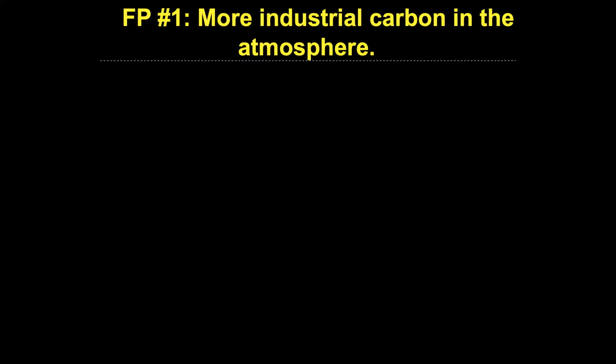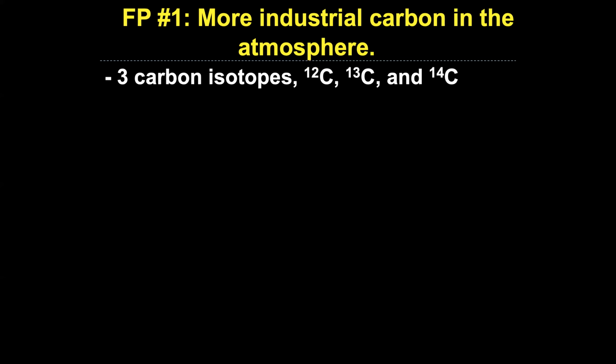So number one, there is more industrial carbon in the atmosphere, meaning carbon that has been released as a function of industrial activities. So carbon comes in 3 flavors, if you want to think of them: isotopes. An isotope is a molecule with different number of neutrons. So basically, carbon-12 is lighter than 13, which is lighter than 14. Make sense? Carbon-14 is the heaviest.